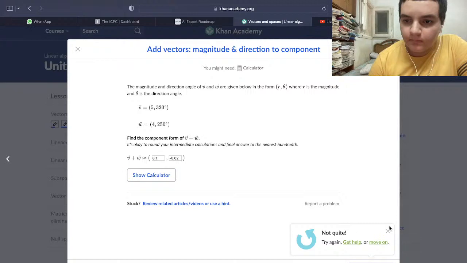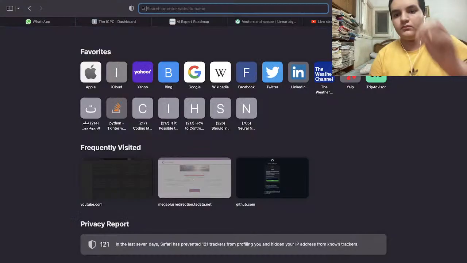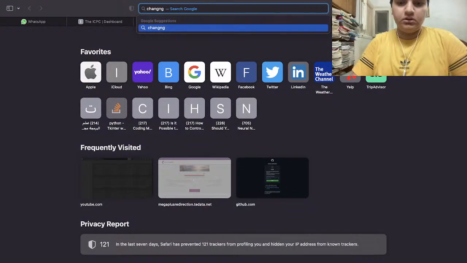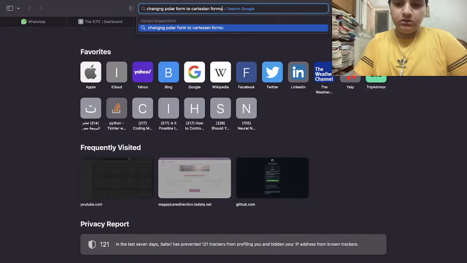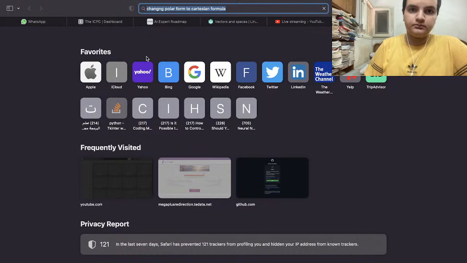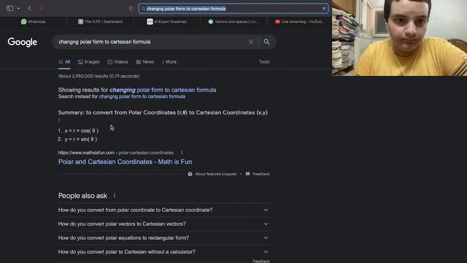So there's a problem here. Changing polar form to Cartesian. Don't remember the formula. So I did it right.